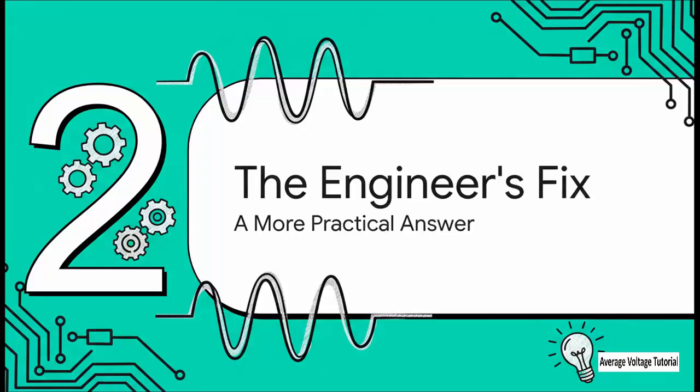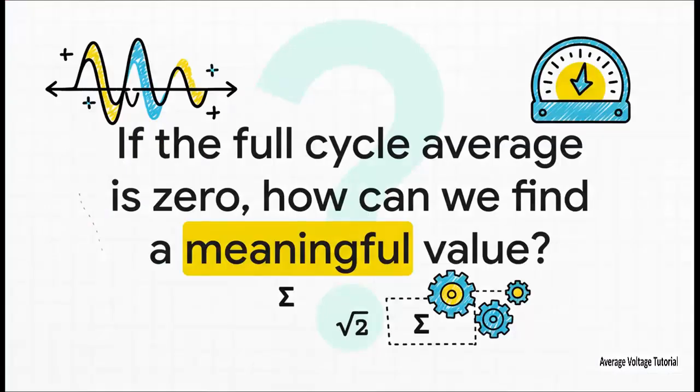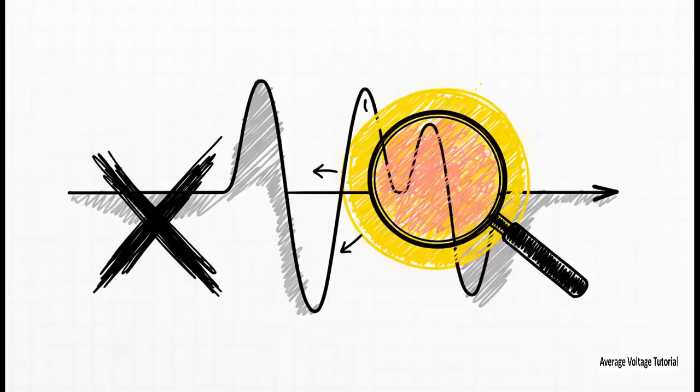And this is where engineers came up with a really clever workaround, a practical definition that gives us a consistent number that's actually useful. So here's the puzzle, right? How do we capture the strength of this wave in a single number if it just keeps canceling itself out? Well, what if we just stopped it from canceling itself out? And the fix is honestly so simple and elegant. We just ignore the negative half.